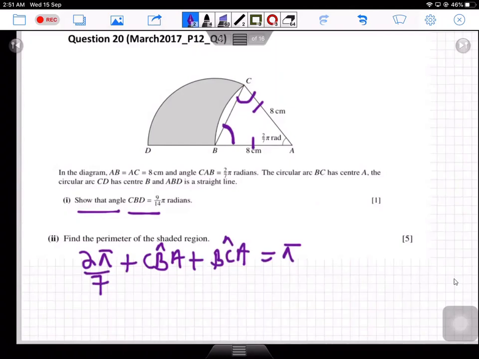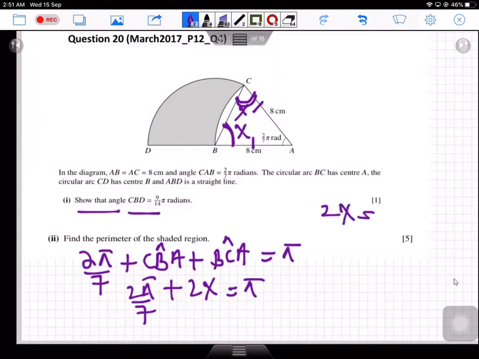These two angles are equal, so let's take this angle as x. So 2 pi over 7 plus 2x is equal to pi. Therefore, 2x is equal to pi minus 2 pi over 7, which is 5 pi over 7. So x is equal to 5 pi over 14.